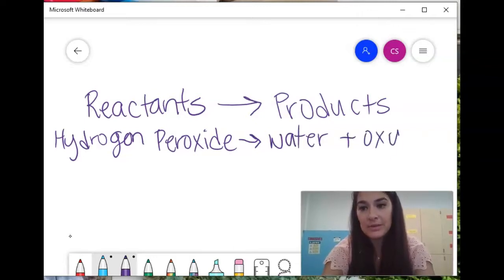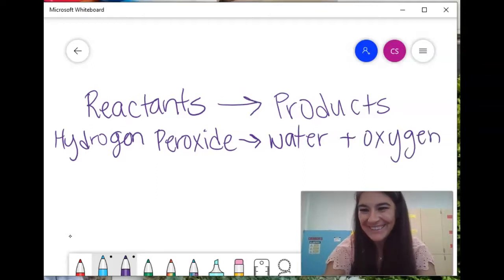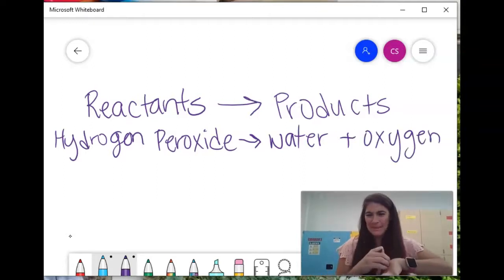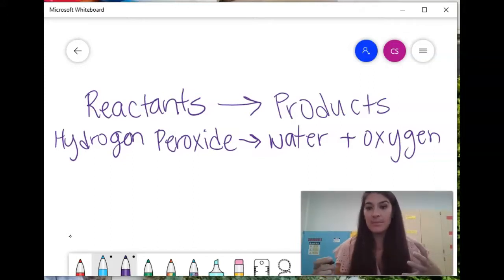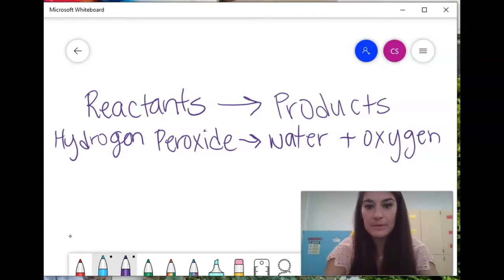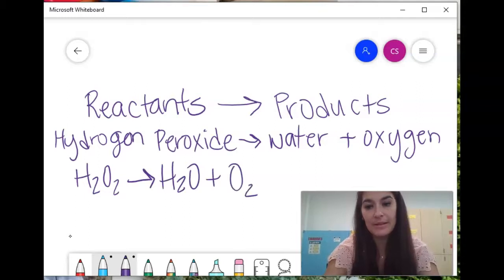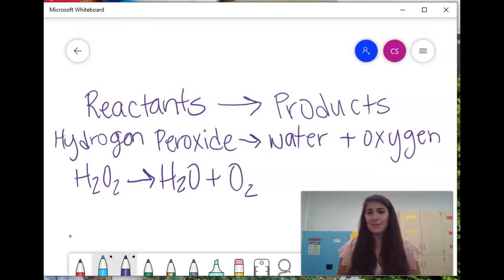So if you've ever used hydrogen peroxide on a cut or anything like that, sometimes you see that bubbly sensation. That is the oxygen gas being given off. So that's a chemical equation in words, but you can also sometimes see them written using symbols. Okay, and these are some things that we are going to be looking at this year, understanding how those processes work.